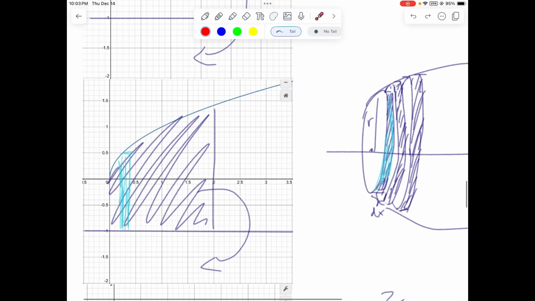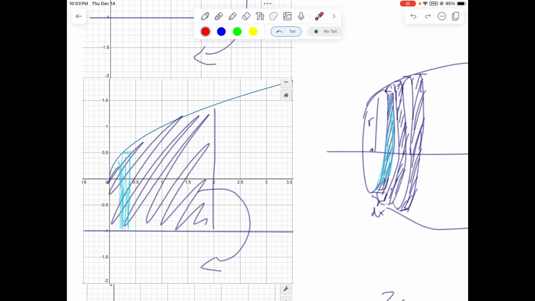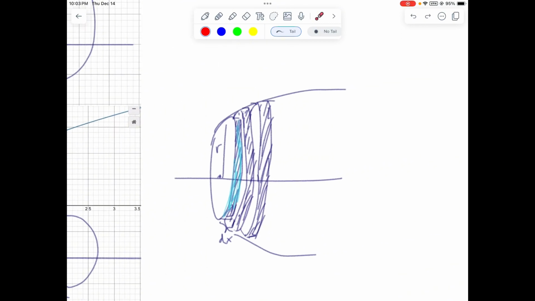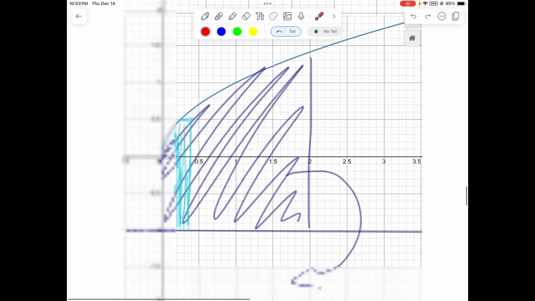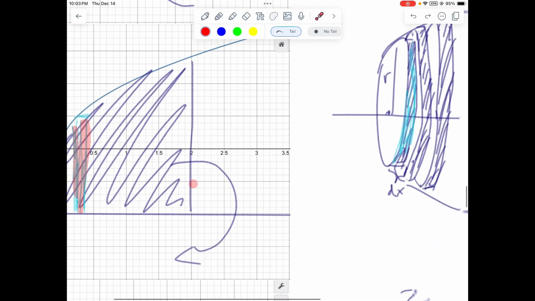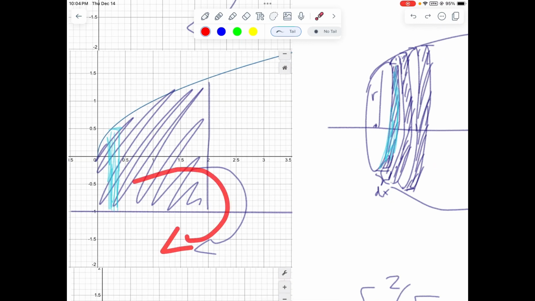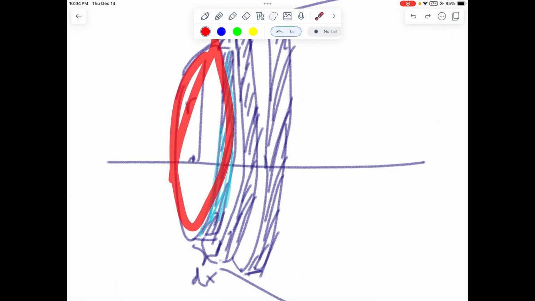So as you can see here, I have the y equals square root x graph, and when you rotate it around, you have this height, which is the same as this height over here, rotated around the axis as the radius of one of these little discs, which is why it's called disk or washer method. Right, so imagine that little height that I highlighted in aqua is this right here, right?